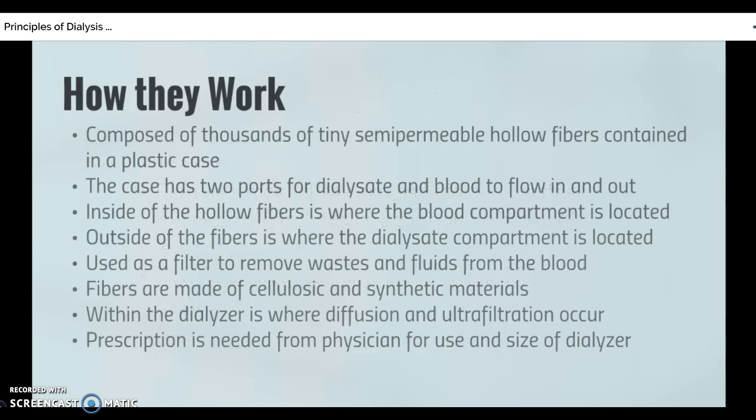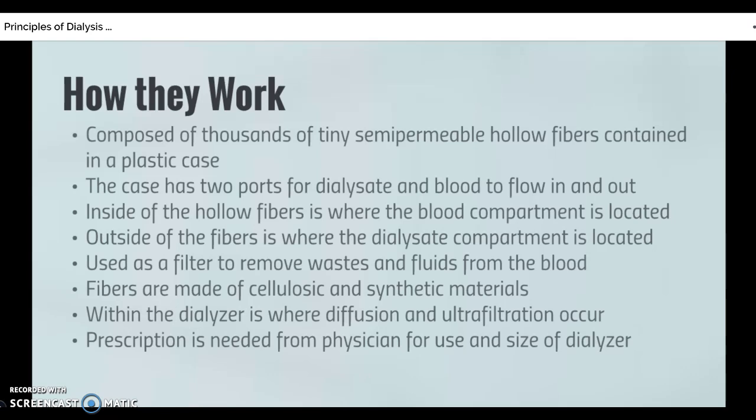So how they work, again, this is just a review, but it's composed of thousands of tiny, semi-permeable, hollow fibers contained in a plastic case. So the case has 2 ports for dialysate and blood flow in and out. Inside the hollow fibers is where the blood compartment is located. Outside of the fibers is where the dialysate compartment is located.